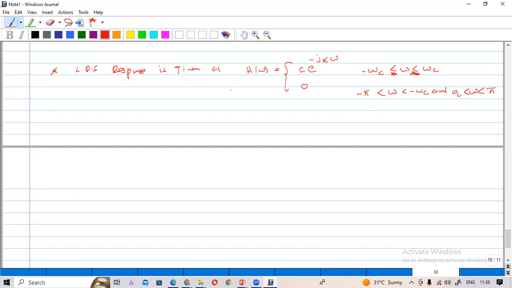So this is what we have discussed. This is the low pass filter, given like this.